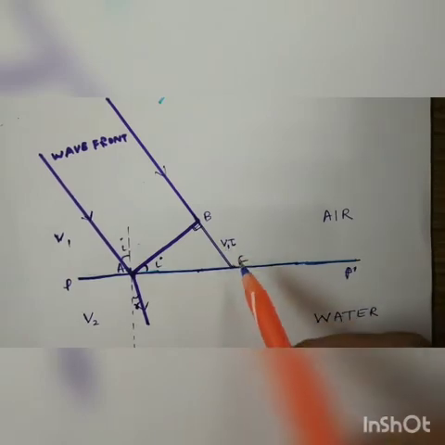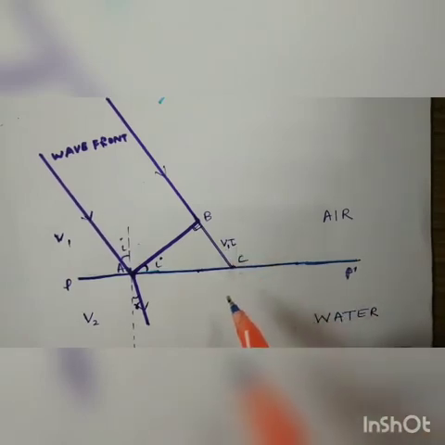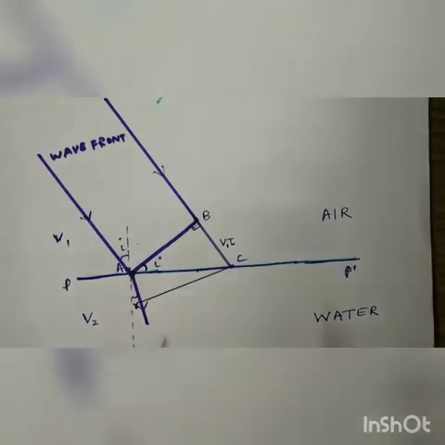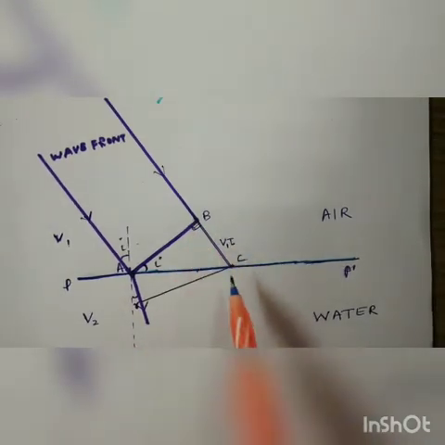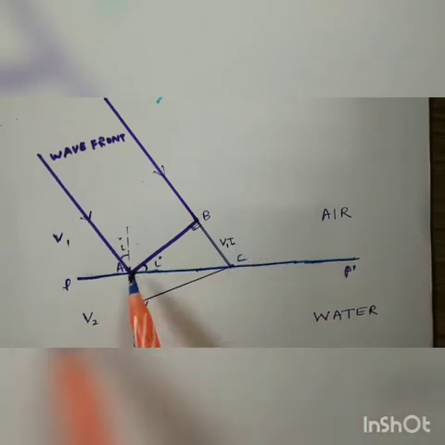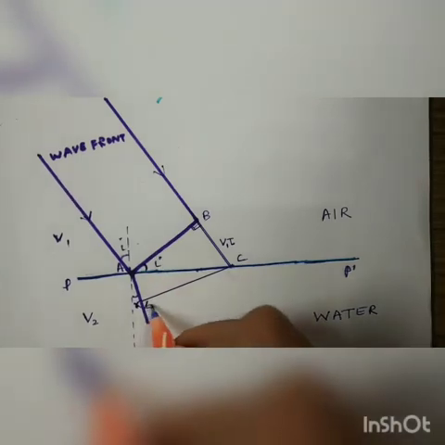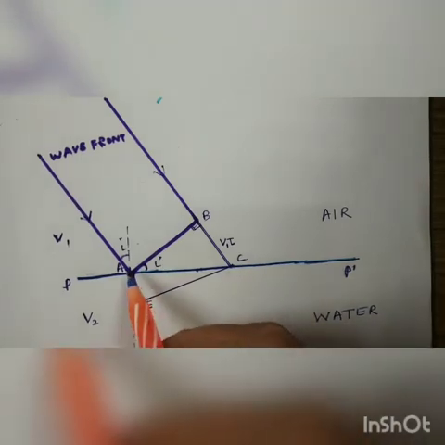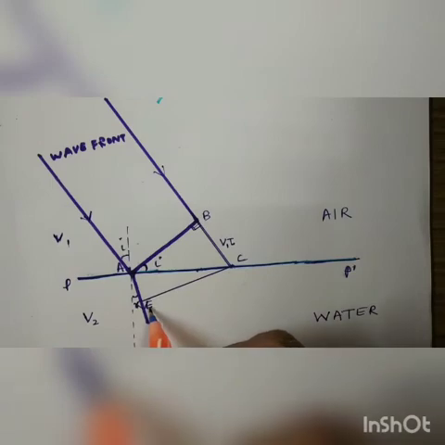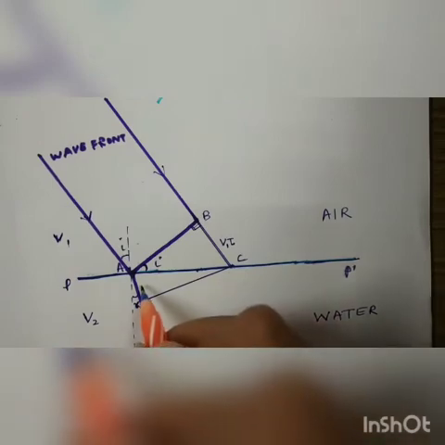So velocity is V1, time I have told tau. Tau is the time taken for the point B to reach C. In the same time, the wave from the point A reaches E.